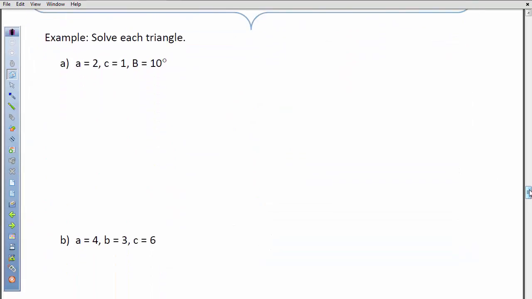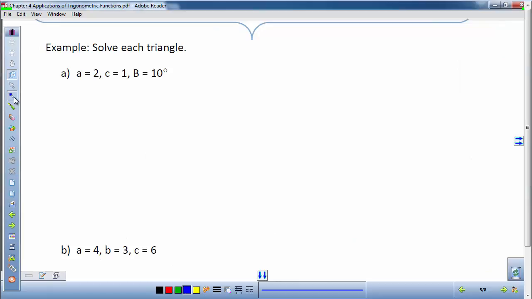So solve each triangle. We've got two sides and the included angle.